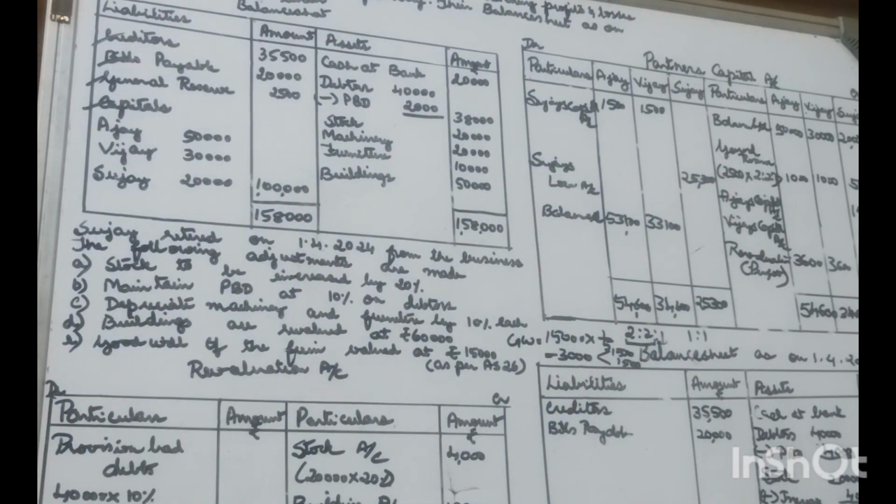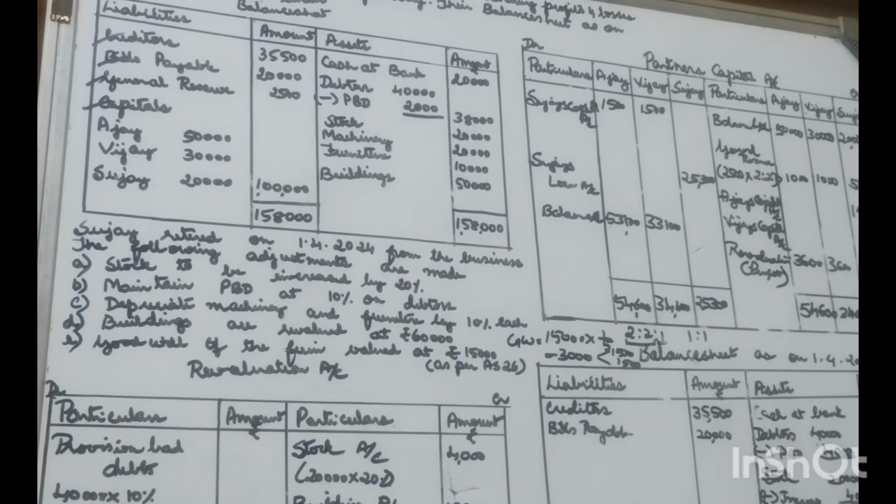So this is how the partners' capital account must be treated and closed, and the retiring partner's payable amount has to be recorded as the retiring partner's loan account.